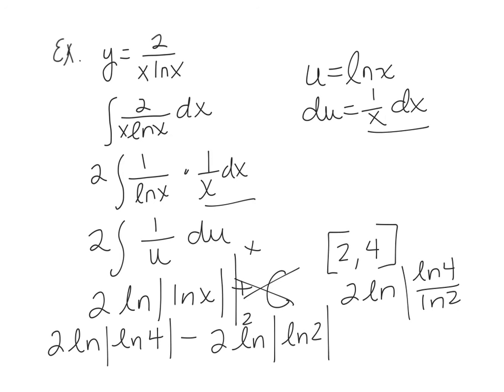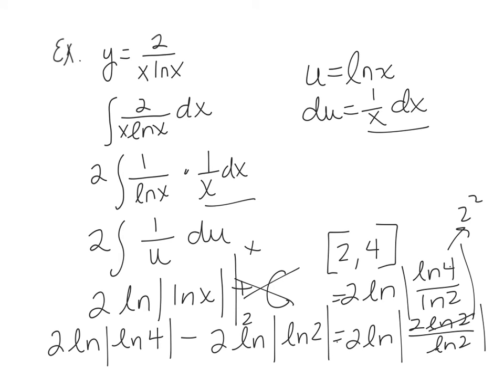So put these over each other. Well, we know that 4 is 2 squared. So this would be 2 natural log of 2 natural log 2 over natural log 2. Notice that that cancels. And so your final answer is going to be 2 natural log of 2.